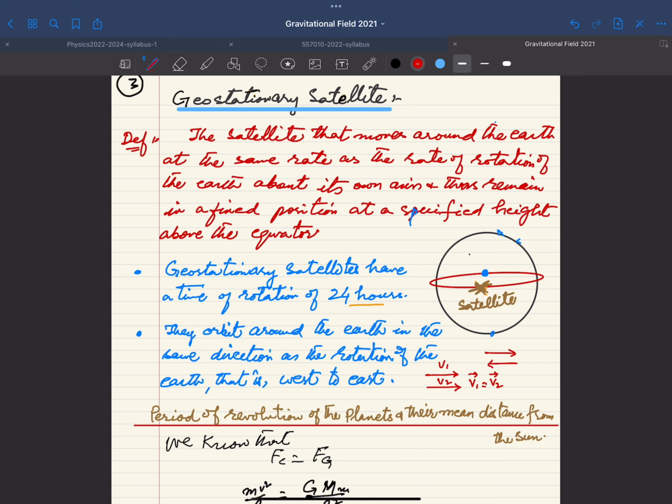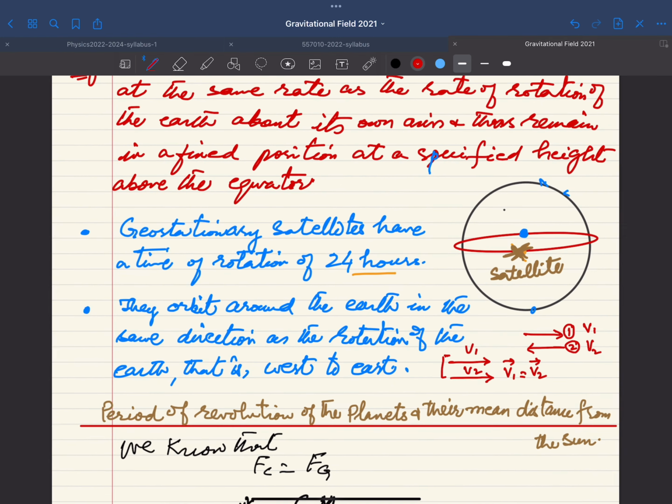So both of these people will feel that they are at rest with respect to each other. But for two people moving in different directions, even if the magnitude of velocity v1 and v2 is the same, of course they will not feel that they are at rest, but they will feel that they have a relative velocity. So this is very, very important.